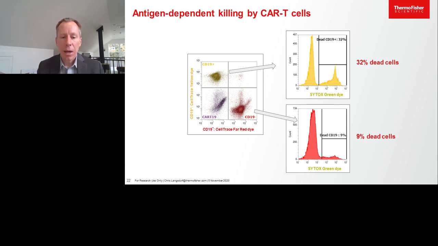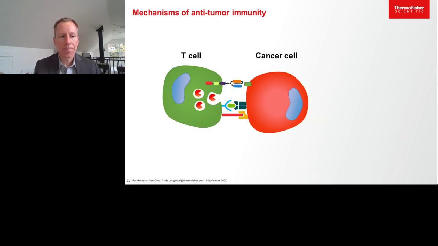By comparison, our CD19 negative cells have a significantly smaller fraction of dead cells, 9%. And so we can see in this example that we can easily characterize the viability and identity of different cell types in this T cell killing assay.